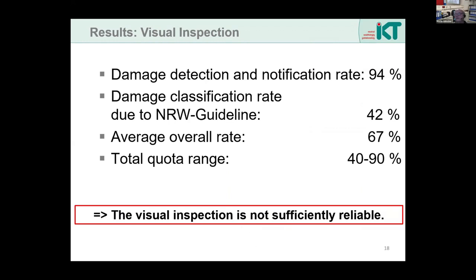So as a result, we can say that the visual inspection is not sufficiently reliable for our purpose, because we need the optical inspection, and we also need the classification rate to handle with the test results. So yes, we can say an optical inspection is not so reliable.